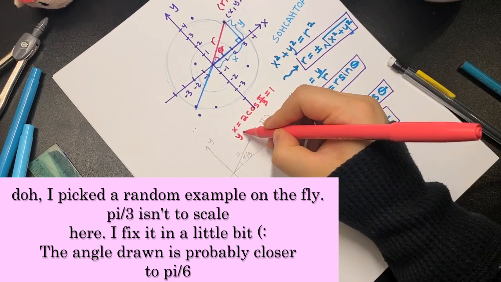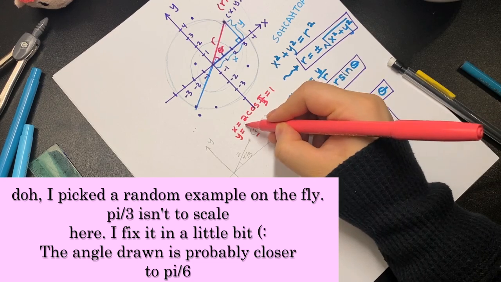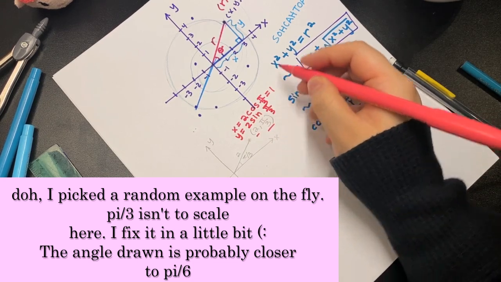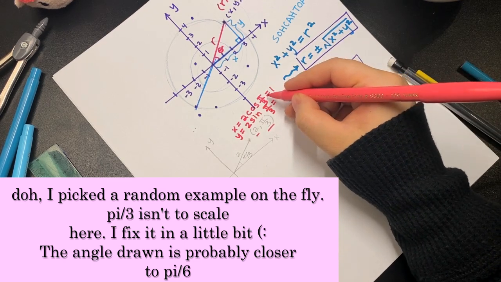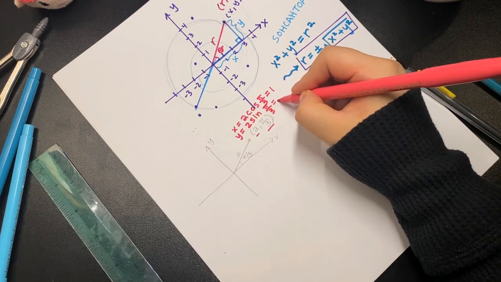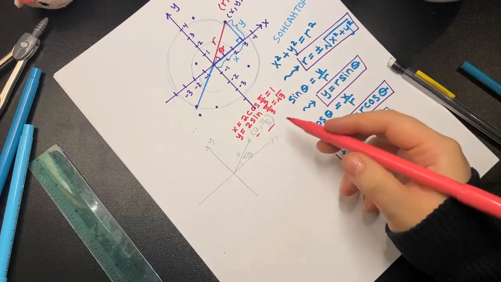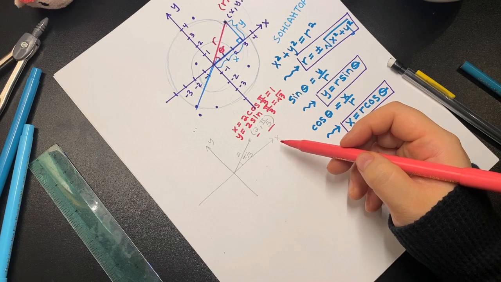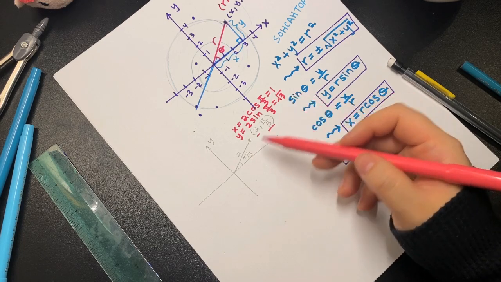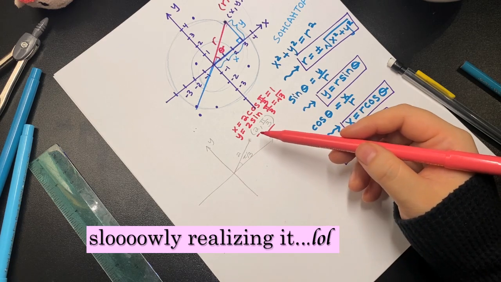And then y is r, which is 2, sine pi over 3, which is root 3 over 2. It's one of our special angles also. Times 2 is root 3. So 1 comma root 3. So that means that I sketched this a little off.